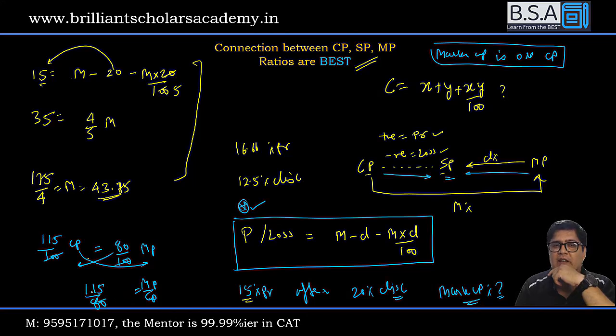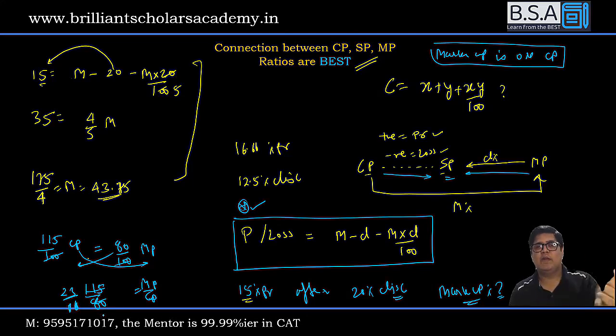Cancel it if you want. This is 23 upon 16. So how much more is the numerator? Numerator is 7 more. So 7 upon 16 into 100 is your markup percentage.